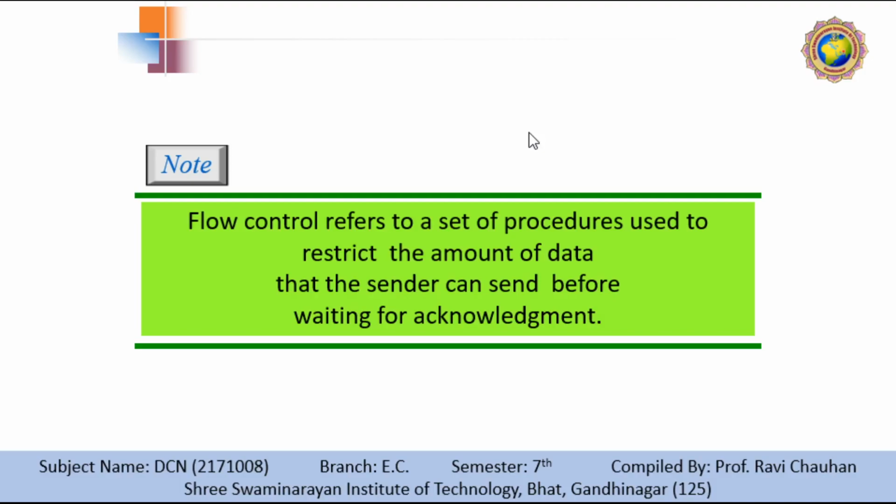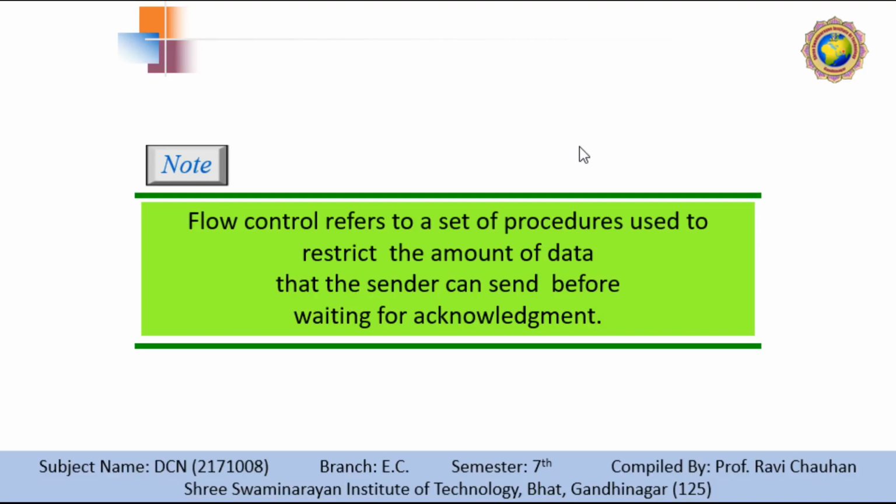Incoming data must be checked and processed before they can be used. The rate of such processing is often slower than the rate of transmission. For this reason, each receiving device has a block of memory called a buffer, reserved for storing the data until they are processed. If the buffer begins to fill up, the receiver must be able to tell the sender to hold the transmission until it is once again able to receive.